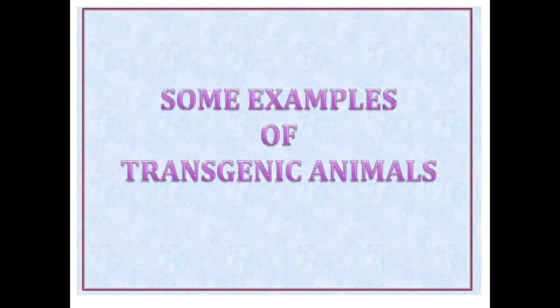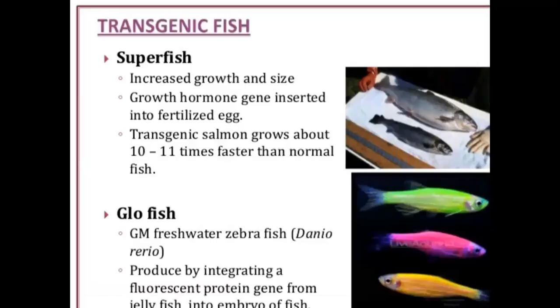And what results can we obtain? Some examples of transgenic animals, how we have conducted the transgenesis, and the results in transgenic fishes. We can get the superfish with increased growth rate and size, with a growth hormone gene inserted into the fertilized egg.